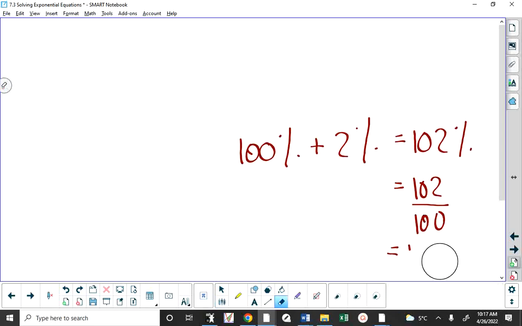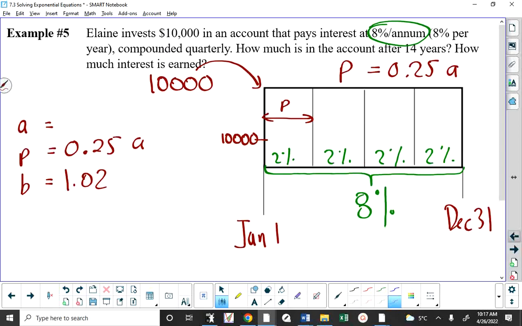I wish we could just always focus on math and not exams, but exams are a reality. If you're writing a written response, you have to explain this. You have to show this. It's obvious it's 1.02, but you have to justify it. And A is 10,000.